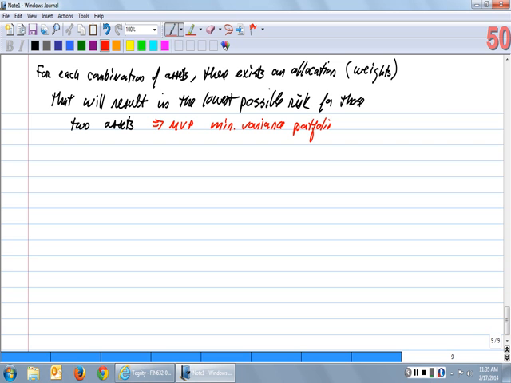It's some combination that, when you add up those weights, adds up to 1. And that combination of weights will give you the lowest possible risk for those two assets given their correlation. And so I'm going to show you how we get there.